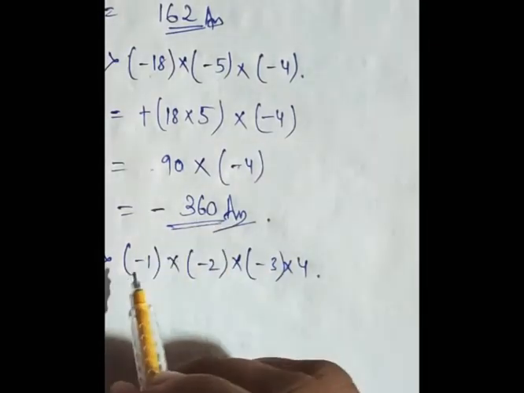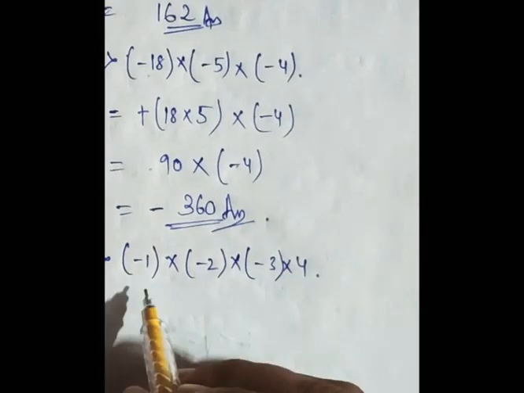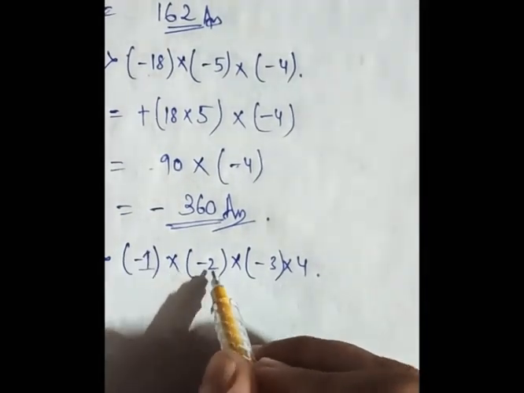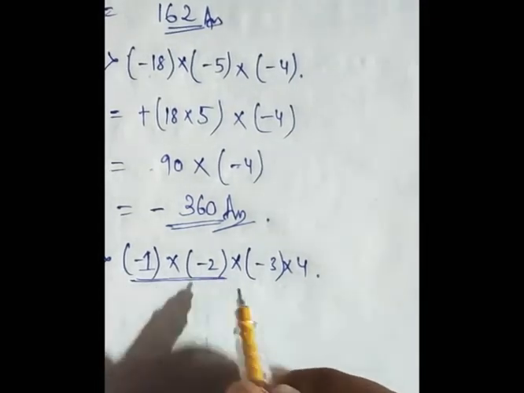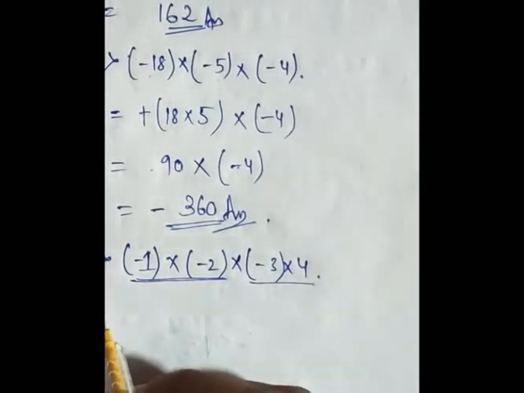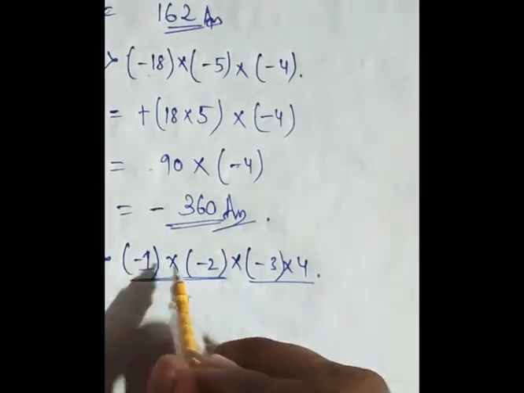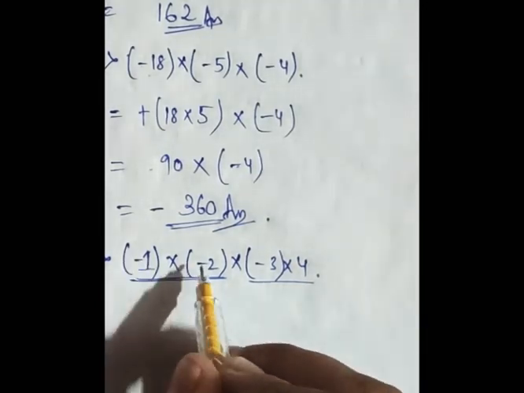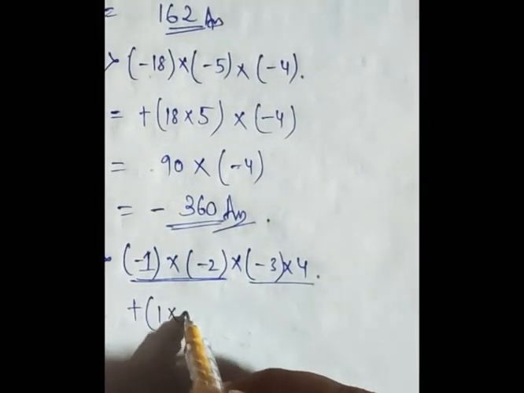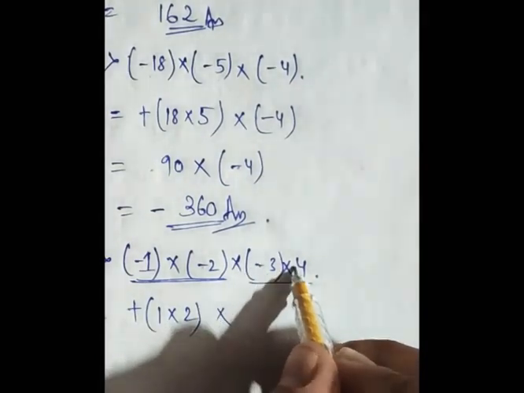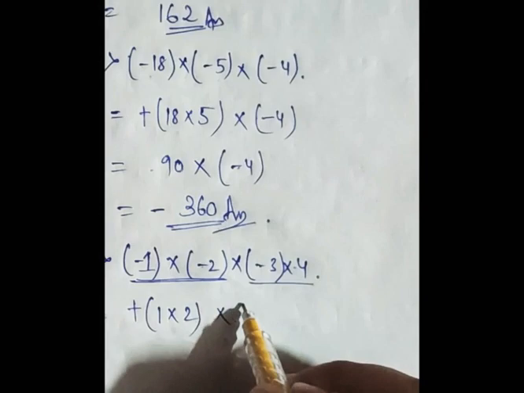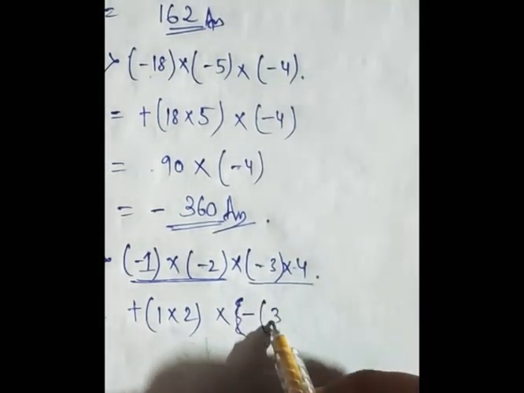After H we have question I: minus 1 into minus 2 into minus 3 into 4. First of all, let us solve it pair by pair. Make a pair, and both have a negative sign here, so minus minus is plus, and 1 into 2. Then here it is negative and here it is positive, so minus into plus is minus, and 3 into 4.